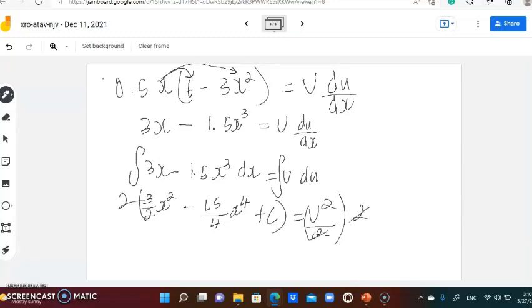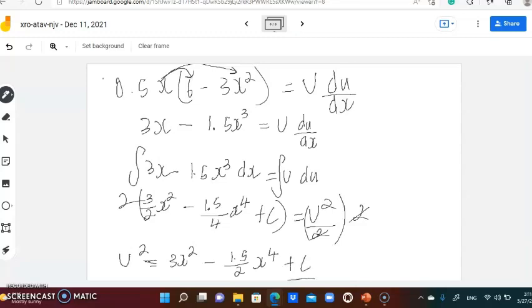So 2 will cancel here, and u squared is going to be equal to, 2 is going to cancel here, leaving 3x squared minus 1.5 over 2 x to the fourth plus c.